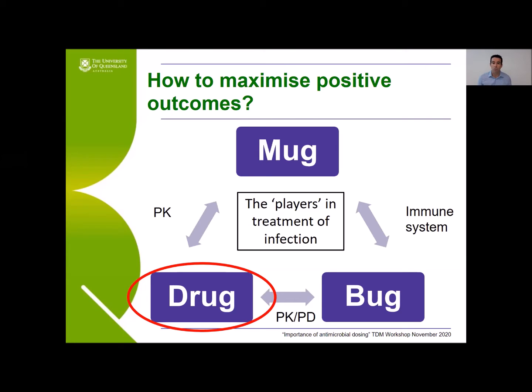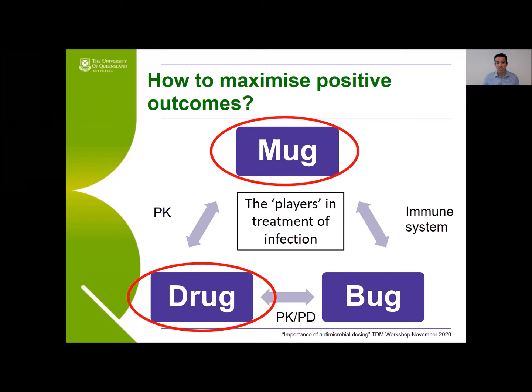We can't control too much about the patient because they are what they are. They have the comorbidities they have, the pathophysiological changes that manifest as part of their disease process from which they've developed their infection, but we can control the drug. And so this is where that issue of dose optimisation becomes quite important because obviously drug choice is something which we have a lot of control over, but also the dose of drug, the infusion duration, the frequency with which it's given. So each of these are controllable factors for us.